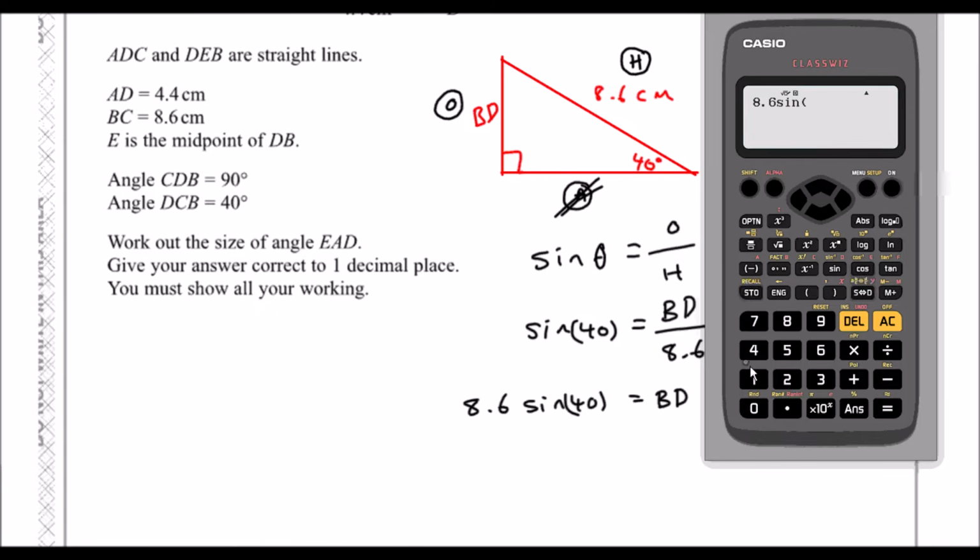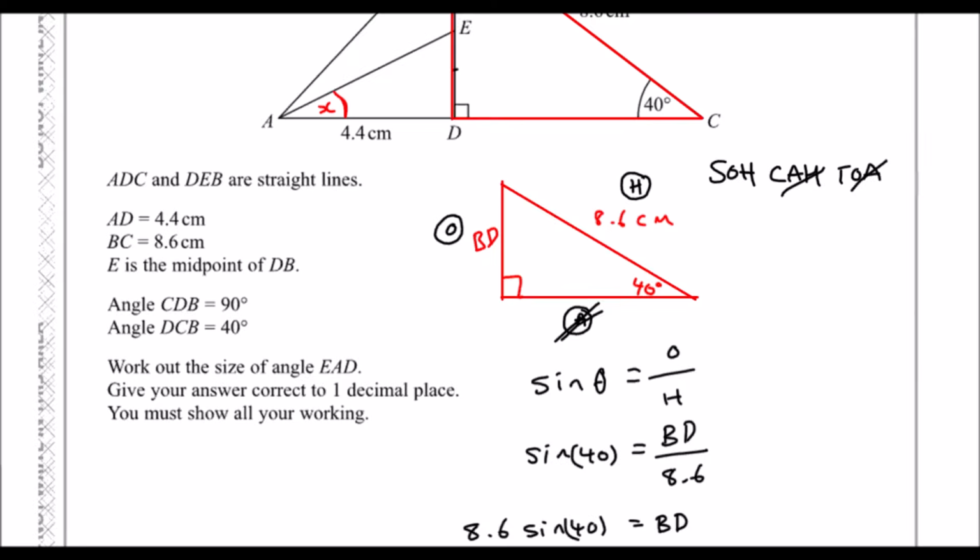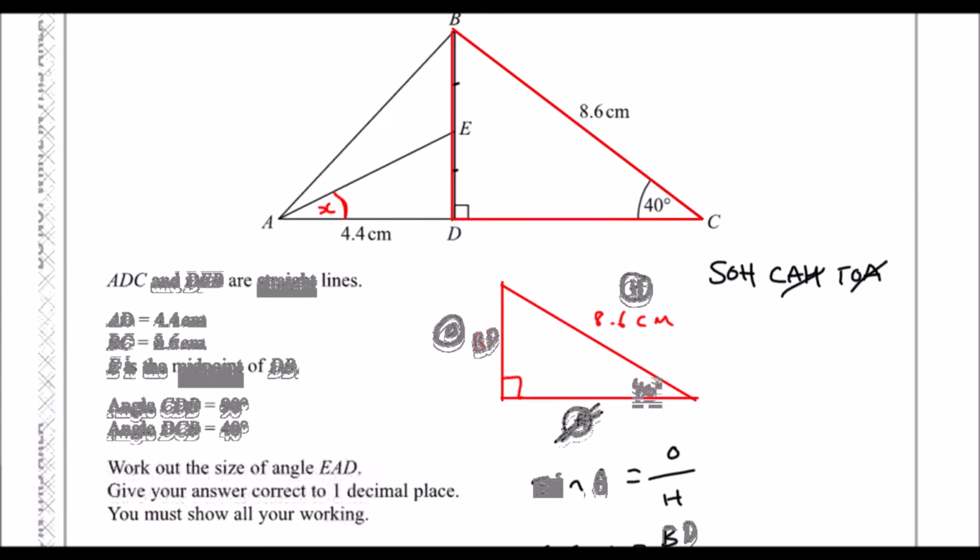8.6 times sine 40 is 5.52 and so on. So BD is 5.52 and so on. I'm going to use the whole number from the calculator, so I'm not going to worry about what I write here particularly, because I'm going to use it in the calculator.